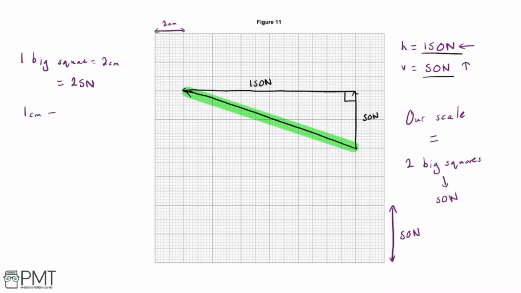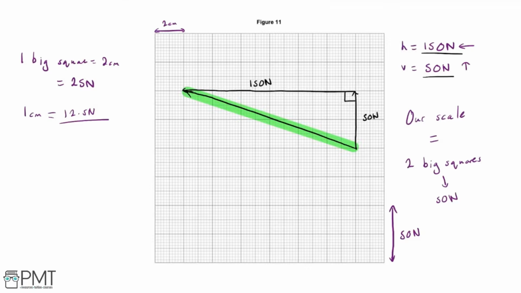And then if we want to know what 1 centimeter is, we can do 25 divided by 2, which is 12.5 newtons. So we've established that 1 centimetre is 12.5 newtons. So now all you need to do is measure this length, find out how many centimetres it is, and then multiply the number of centimetres by 12.5 newtons, and that will give you the force that it represents. I hope that wasn't too confusing.